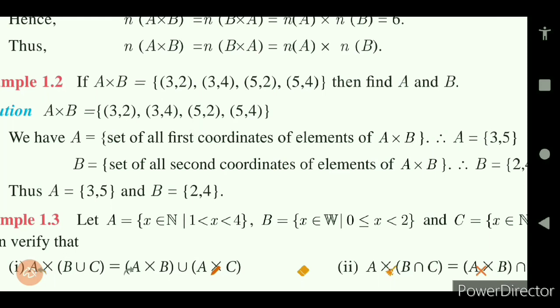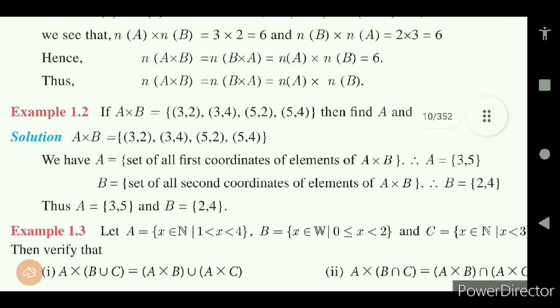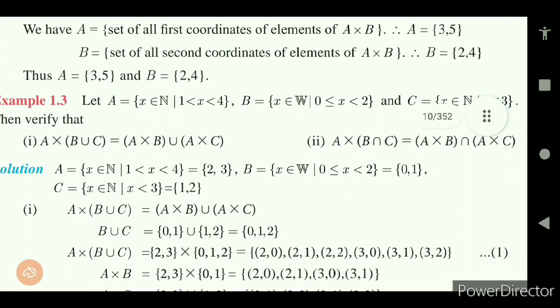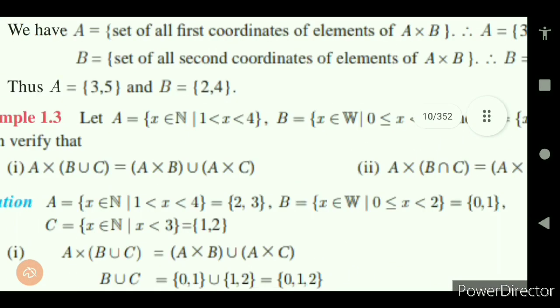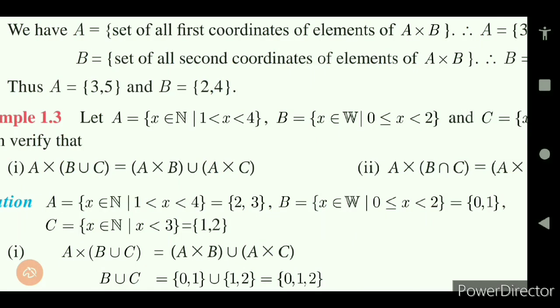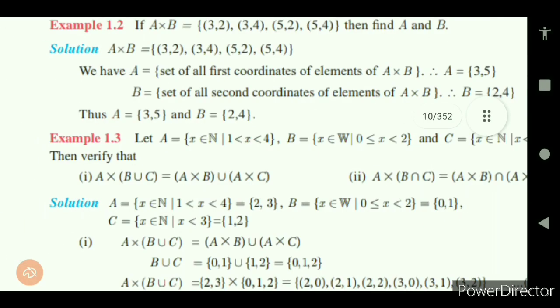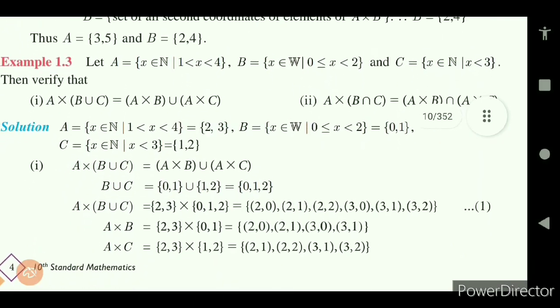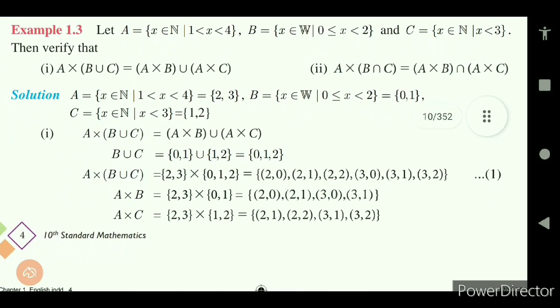By writing the second coordinates of the elements, it is 2 and 4. Same things are repeated here. So we can write B as 2 with 4. So we can find A is equal to 3, 5 and B is equal to 2, 4. We will go to the next example.